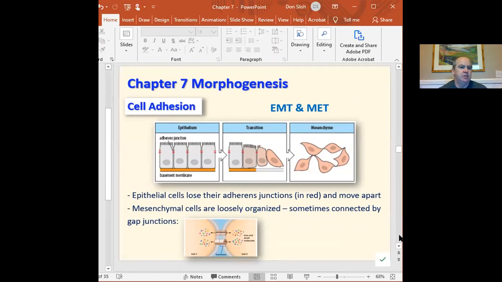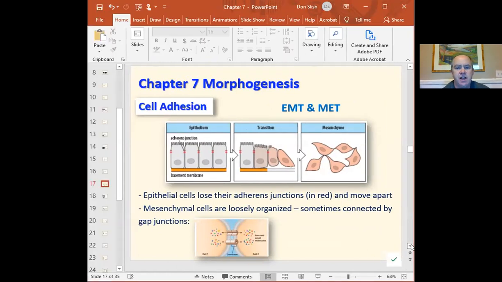So here on this slide, which is slide number 17, you can see EMT, epithelial to mesenchymal transition, where those red dots are adherens junctions that are holding cells together. When they let go, the cells are able to slide away.